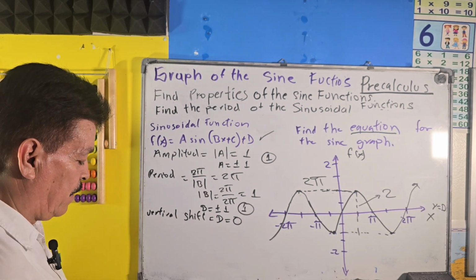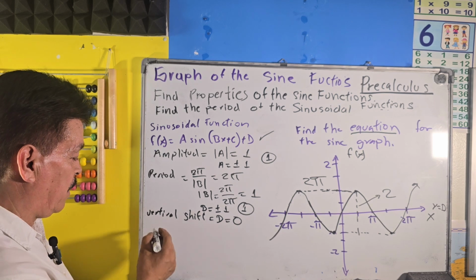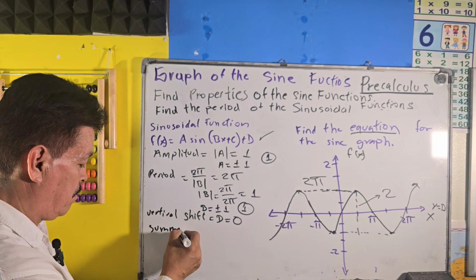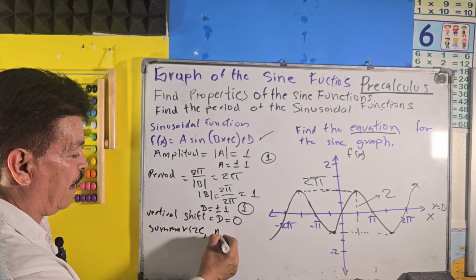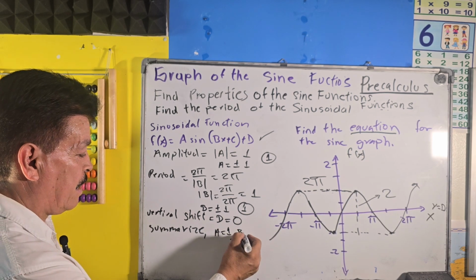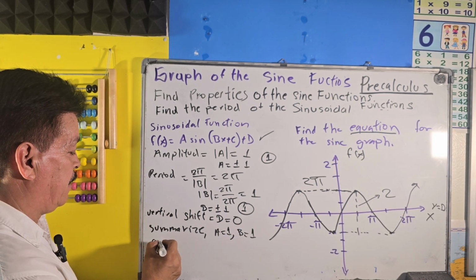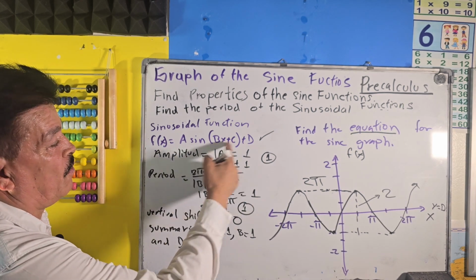So if we summarize everything, we have a equals 1, b equals 1, and d is equal to 0. We are looking for this formula.